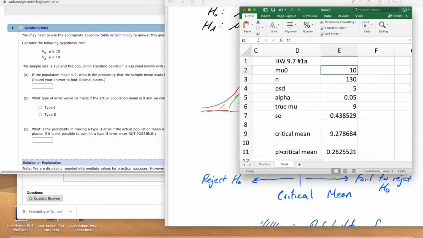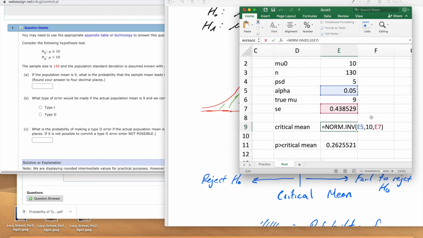This is the null hypothesis, null mean. They told us all this. The sample size is 130. Population standard deviation, alpha, 5%. The true mean is 9. They told us that in the problem. Standard error is just the population standard deviation divided by the square root of the sample size.